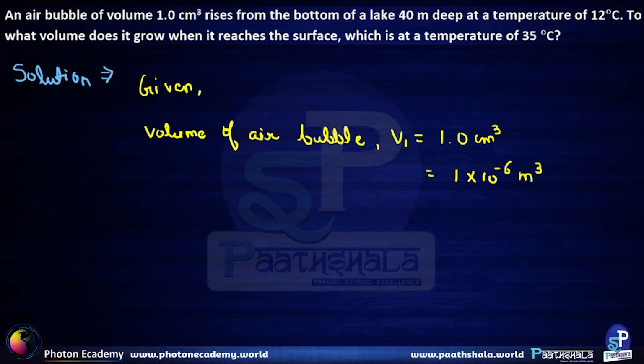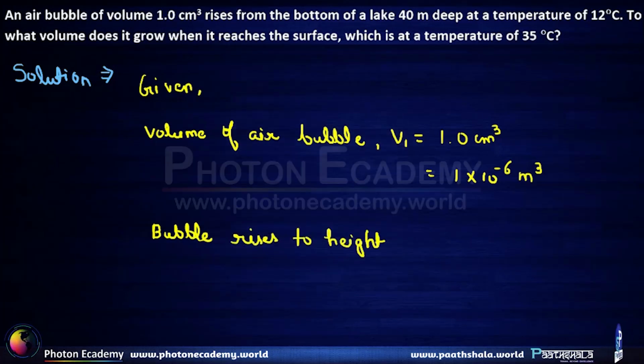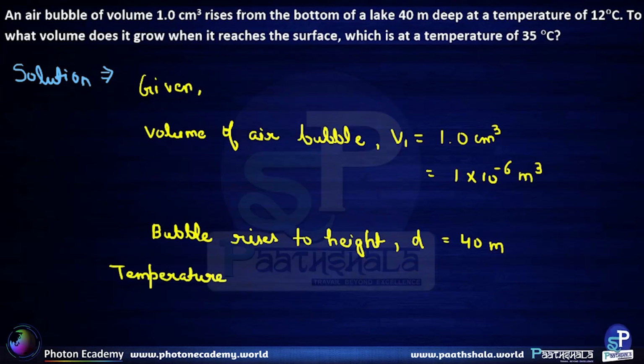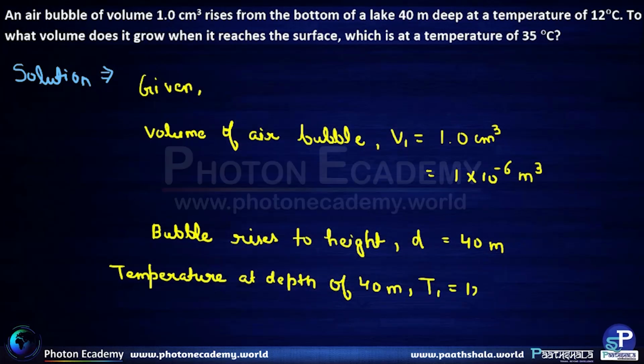As given, the air bubble rises from a depth we denote as D, equal to 40 meters, and the temperature at a depth of 40 meters, we denote as T1, is equal to 12 degrees Celsius.